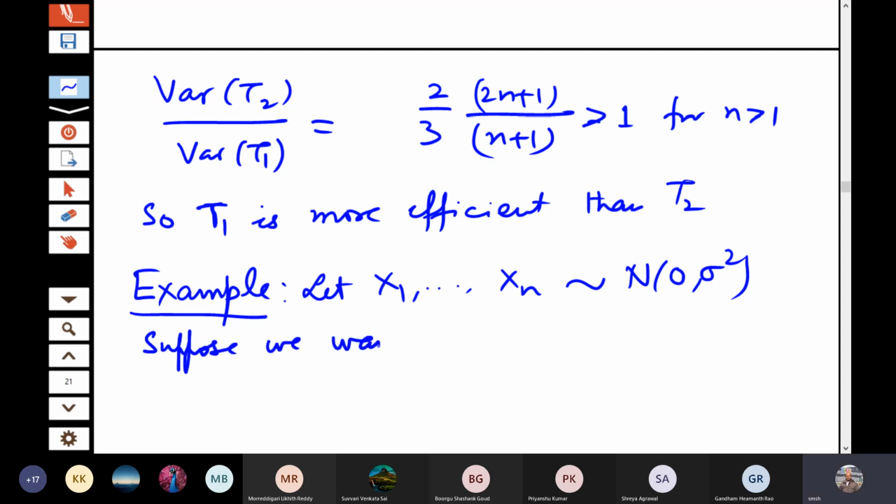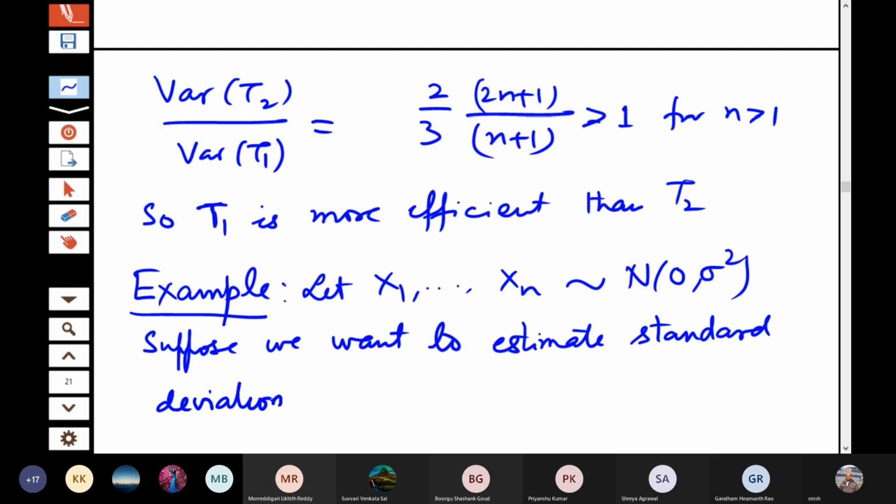Suppose we want to estimate the standard deviation sigma. So 1 by n minus 1 sigma xi minus x bar whole square, its expectation was sigma square.